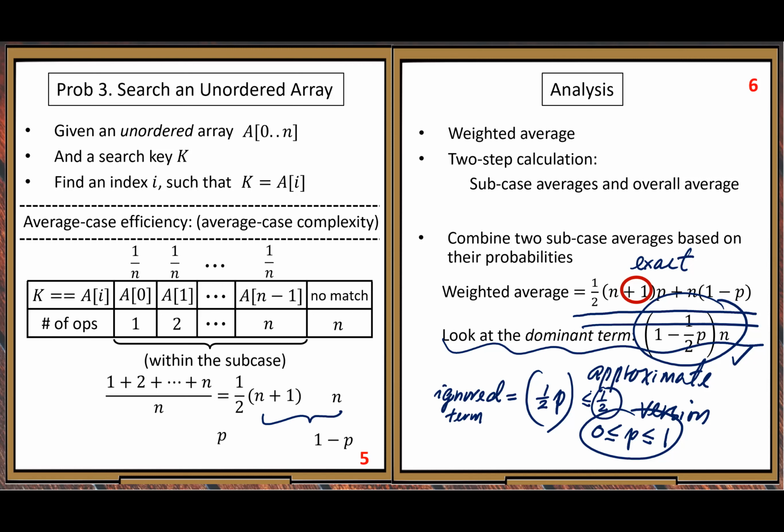If we ignore this term, we only get a possible error less than or equal to 1/2. That's not much. This small difference, we can take it. Most of the time, this small difference is not significant, but we keep the dominant term. This dominant term we will elaborate in our module 2.